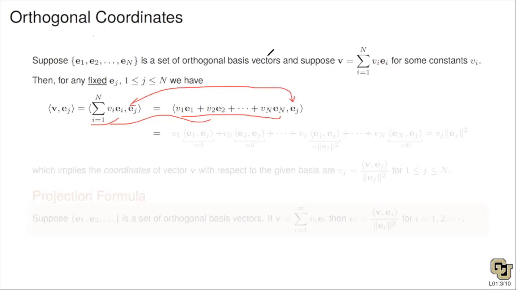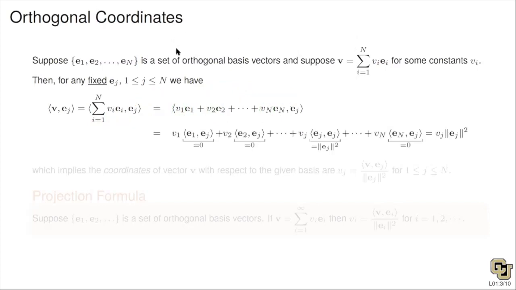Now the inner product has a property known as bilinearity, which basically means I can distribute this e sub j across the sum. The bilinearity also allows us to pull out the coefficients. So that's what I'm going to do.